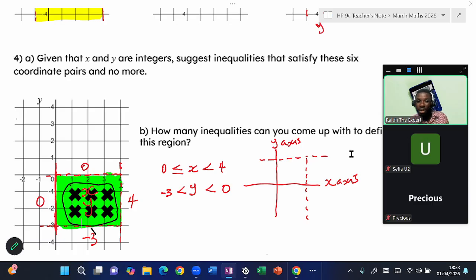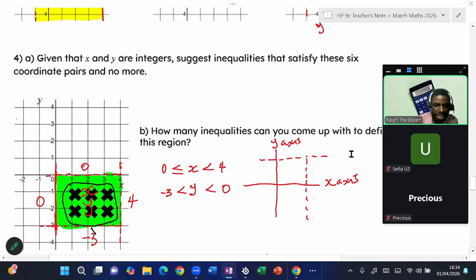We could come up with more inequalities than this. In short, I could extend as far as it satisfies those numbers. You can say y is 1, y is 2, y is 3, y is -1 here, based on what is here. y is -2.